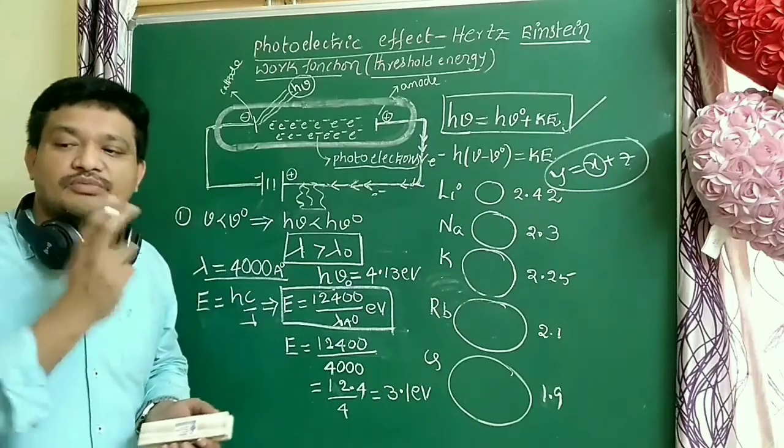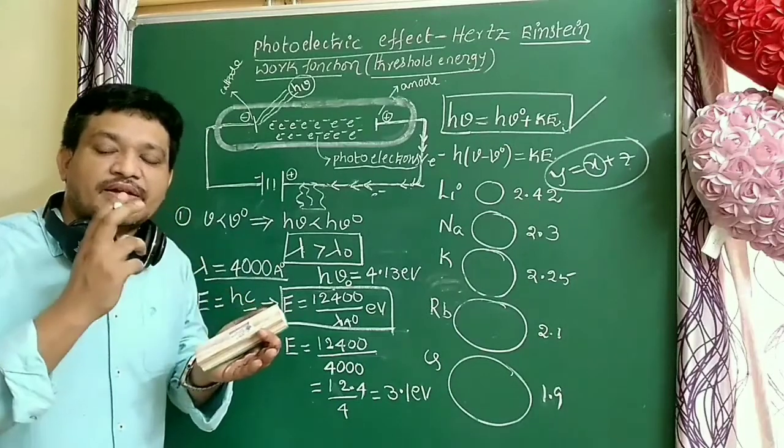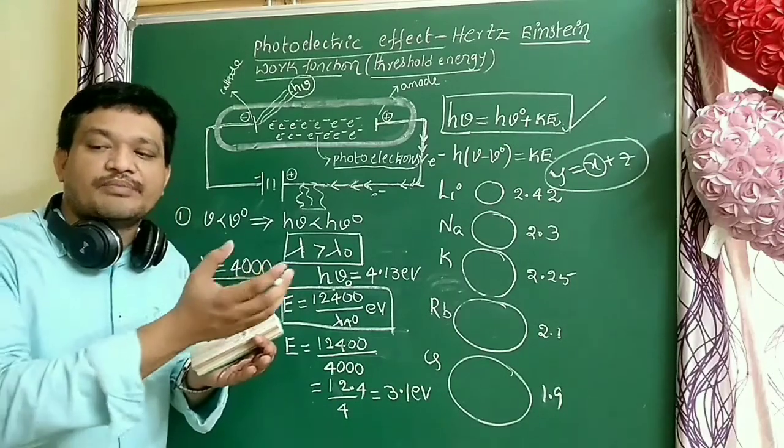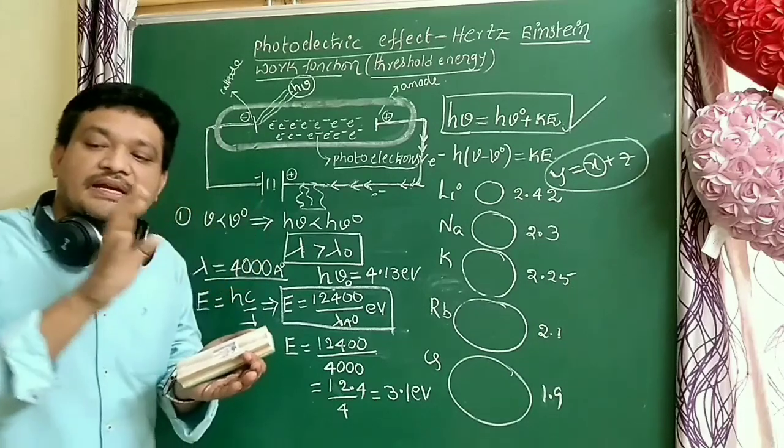How is the emission of electrons possible? The required energy is more compared to the applied energy. The applied light energy is very less.